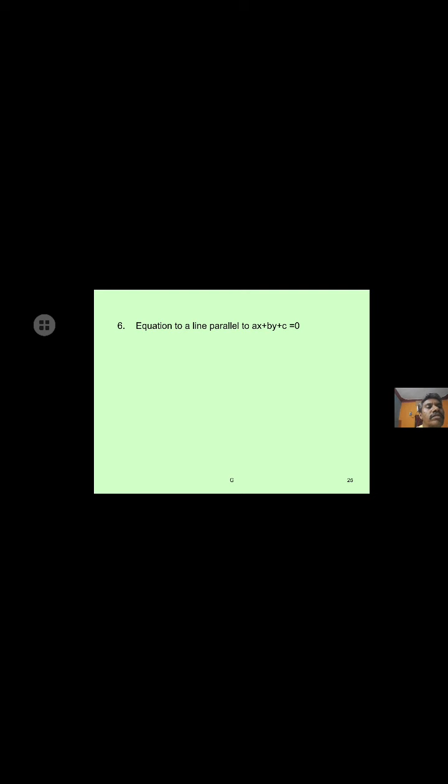We need not think about constants, but we have to observe that the x and y coefficients should be the same or proportionate to equation 1. For example, the first equation is, suppose, x plus y plus 3 equals to 0. The second equation can be x plus y plus 7 equals to 0, or 2x plus 2y plus 6 or 8 equals to 0.